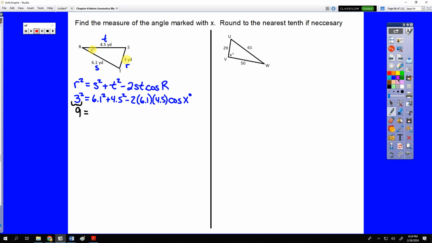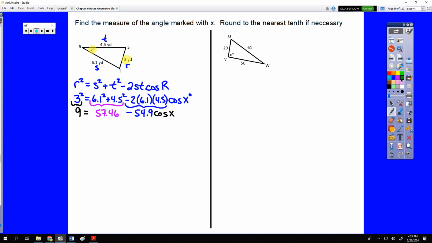We are allowed to plug in 6.1 squared plus 4.5 squared all at once. That would give us 57.46. And we are allowed to plug in negative 2 times 6.1 times 4.5 to get negative 54.9 times the cosine of x.